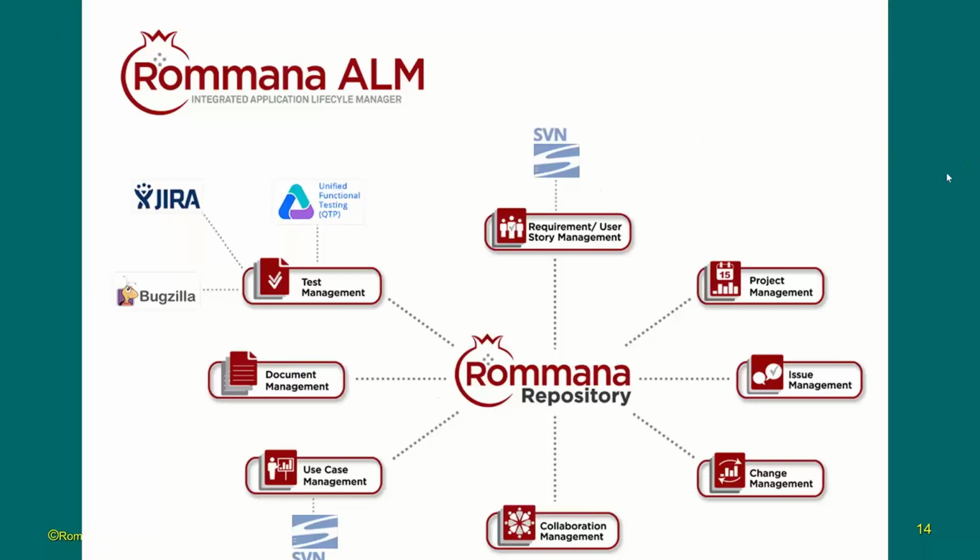All right, this is a picture that's showing you the different components that are supported by Rommana ALM. What you see in the middle here is the Rommana repository, which is simply a SQL Server database, and here are the different components that support that. There's requirement management, or user stories if your project is agile.